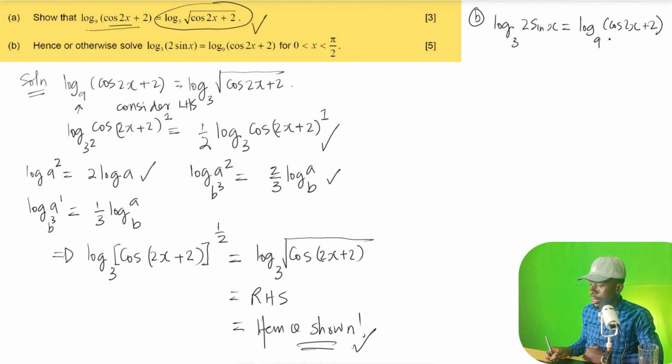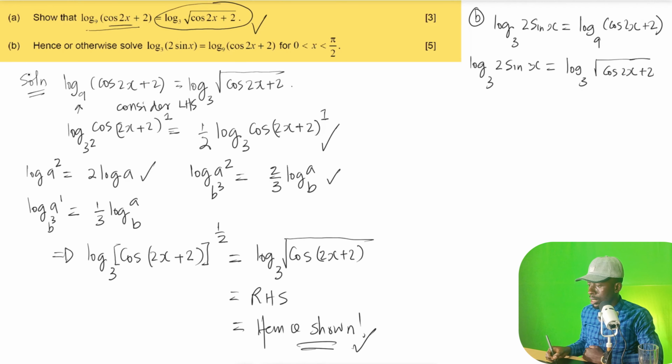So if that is the case, we can now modify our question by saying this is log base 3 of 2 sine x equals log also base 3 of the square root of cosine of 2x plus 2.